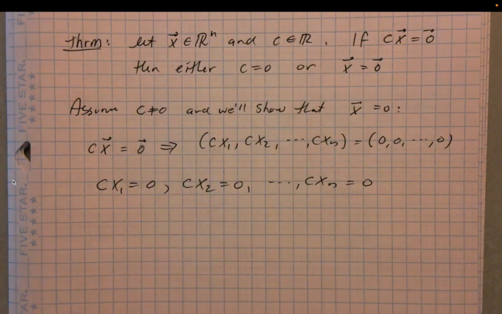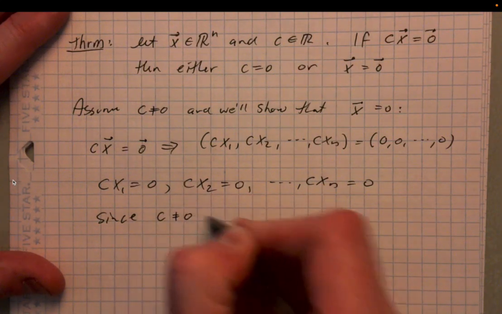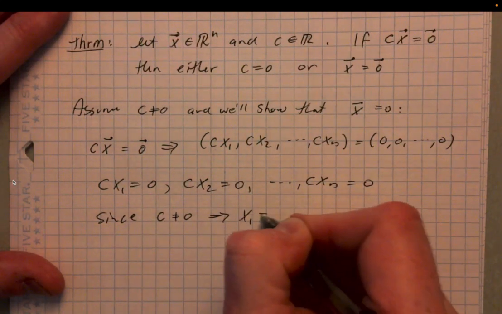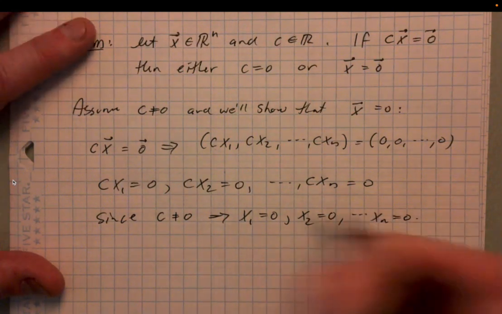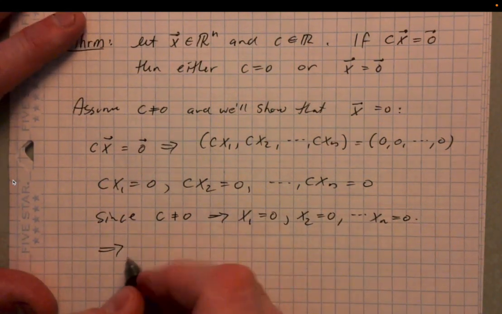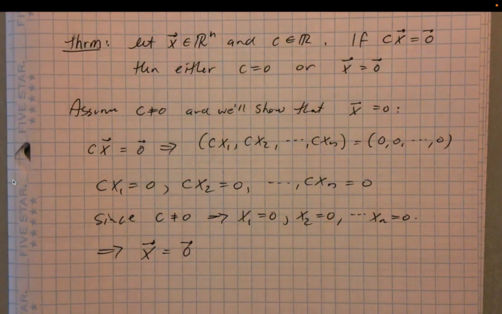And since C is non-zero, by assumption, that's going to imply that x1 equals 0, x2 equals 0, xn equals 0, which obviously implies that x equals the 0 vector. So we've just shown that if C is non-zero, but C times x is equal to 0, then x must be 0.